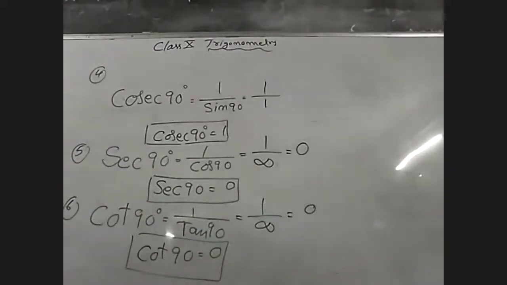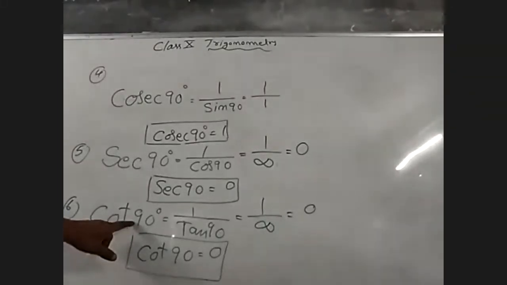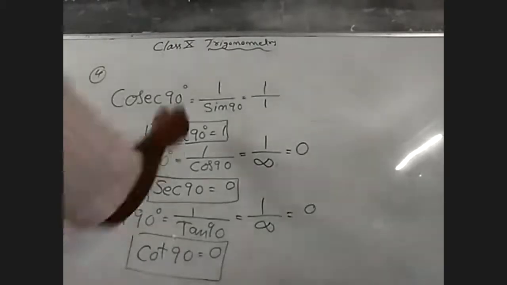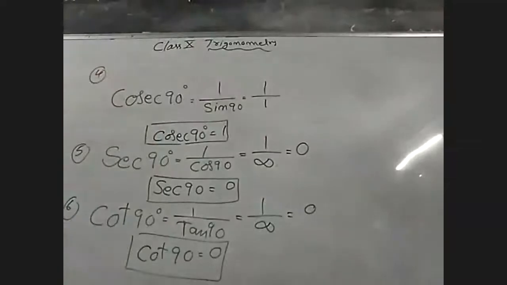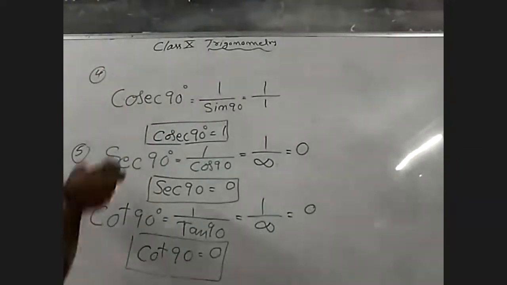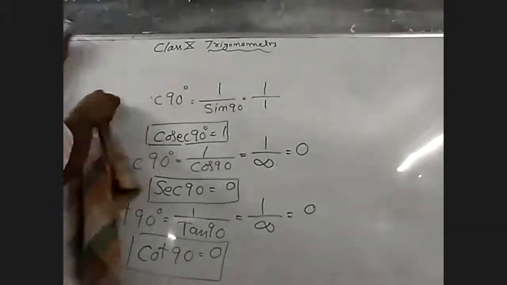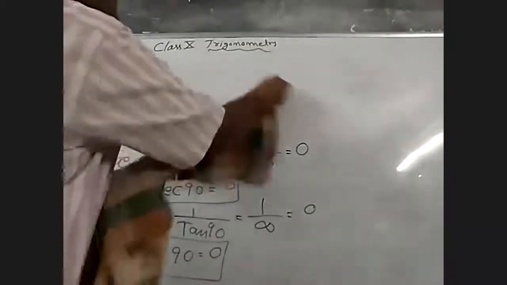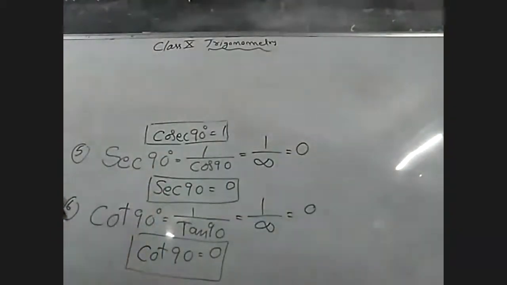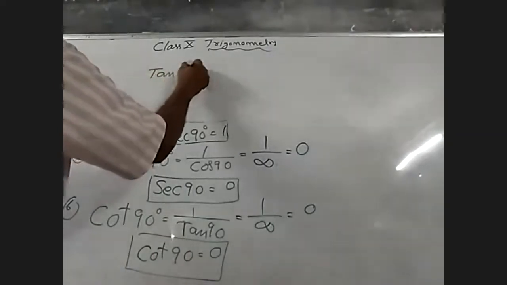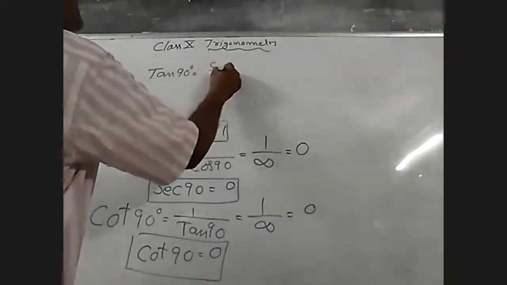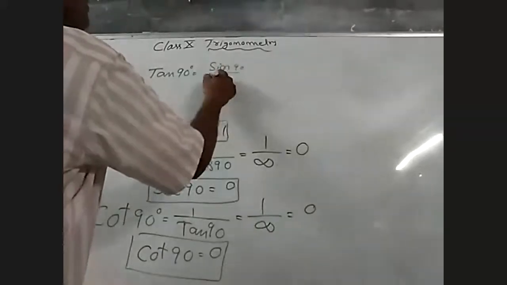So, there is another way to find this one. Cot 90 అంటే cos 90 by sin 90 వేసుకోవచ్చు by using another identity. Tan 90 is equal to sin 90 by cos 90.